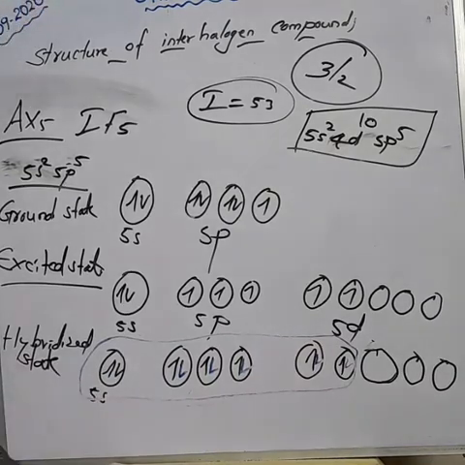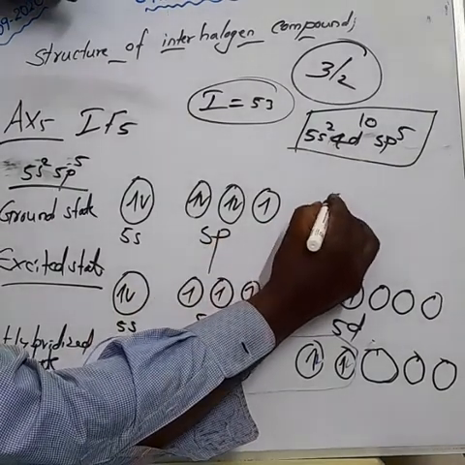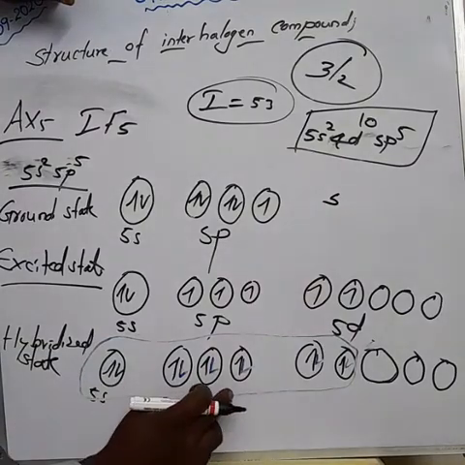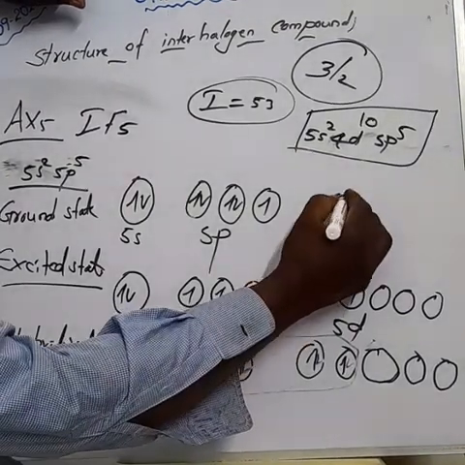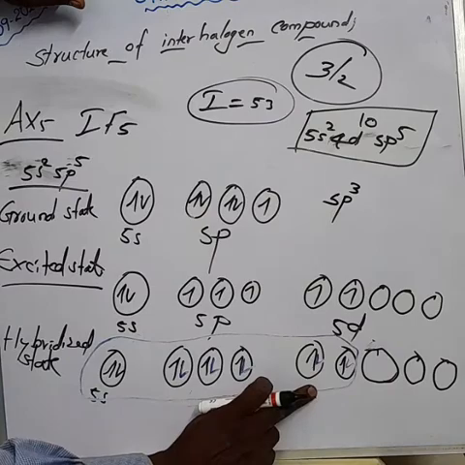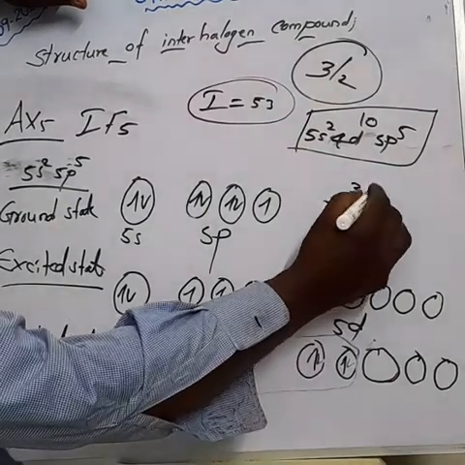So what is the hybridization? Can you say? How much s orbital is there? Very good, 1 s orbital. How much p orbital is there? 3 p orbital. How much d? 2.